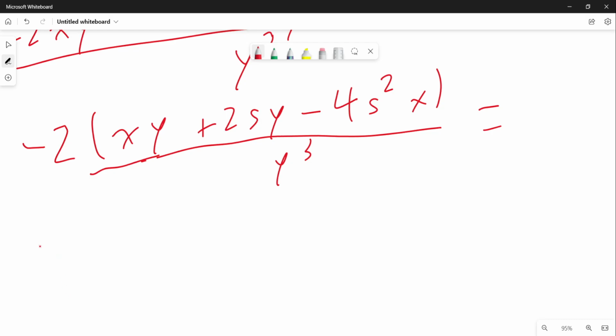Anyway, with this we get negative 2 times s plus t squared, since x is s plus t squared.